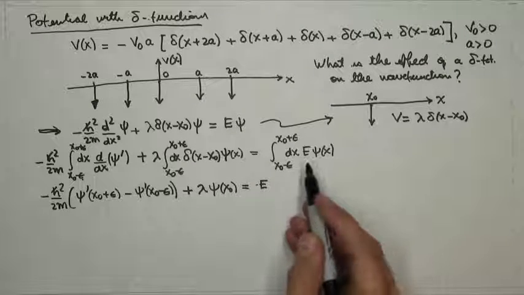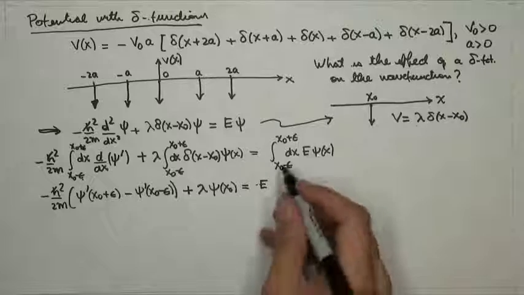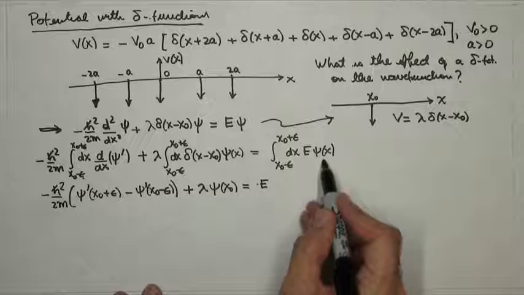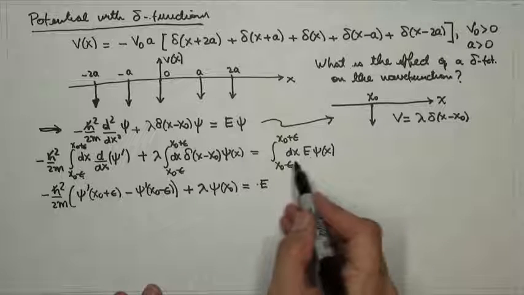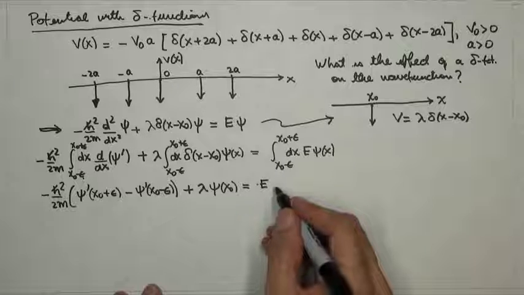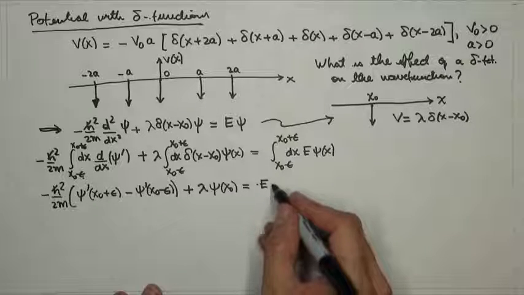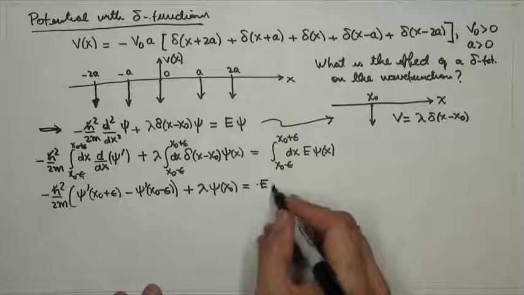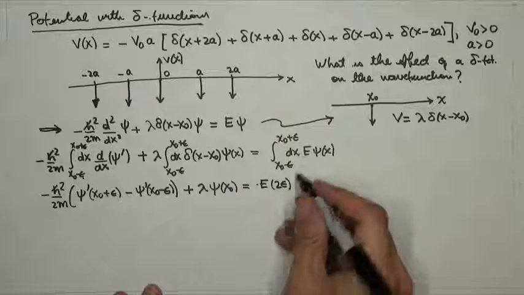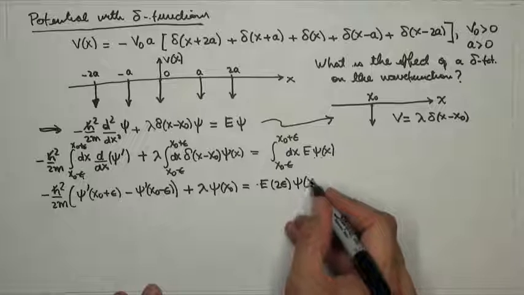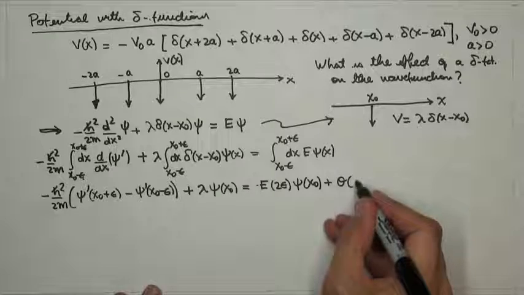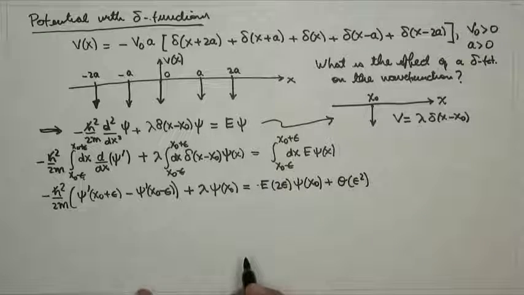A good way to estimate this integral, and the leading contribution, is just the range that you're integrating times the average value of the function there. Since epsilon is small, this is accurate. So this is roughly equal to 2 epsilon, because that's the range, times psi at x0. There would be corrections of order epsilon squared, but we won't worry about them.